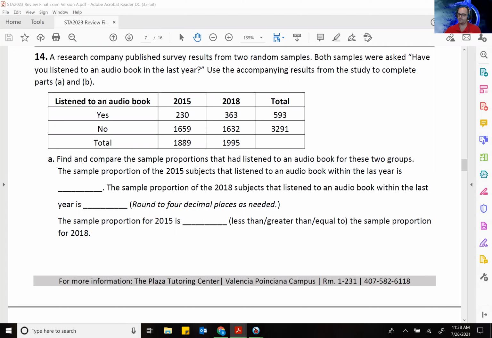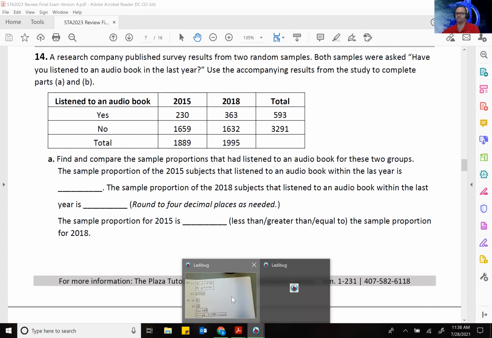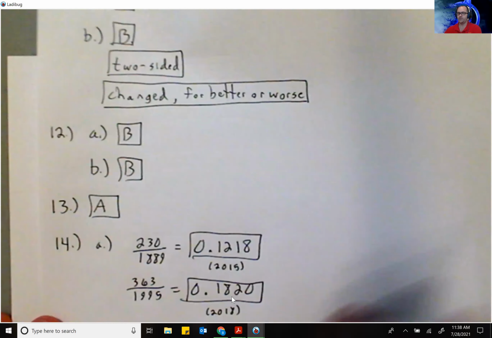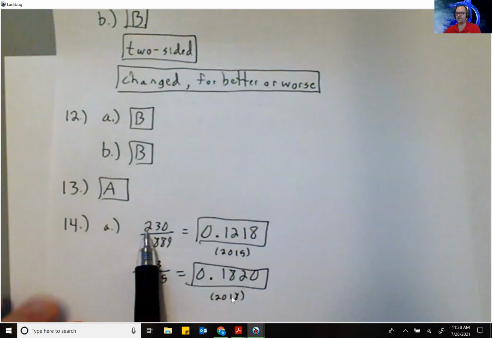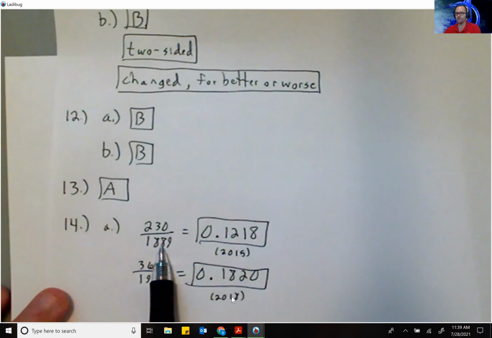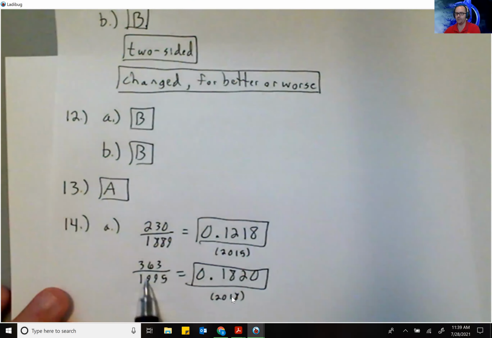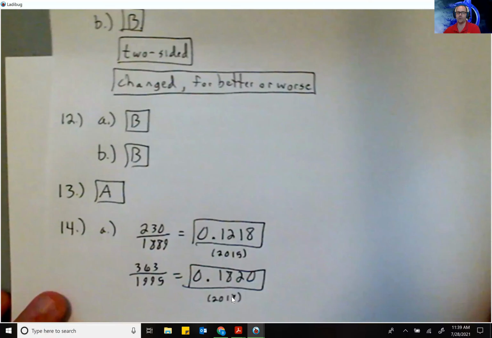Perfect. So again, this is what it looks like as far as the math goes. The total in 2015 that said yes, divided by the total of people we talked to. And here's the total that said yes in 2018, divided by the amount of people we talked to. And there are those percentages rounded perfectly.